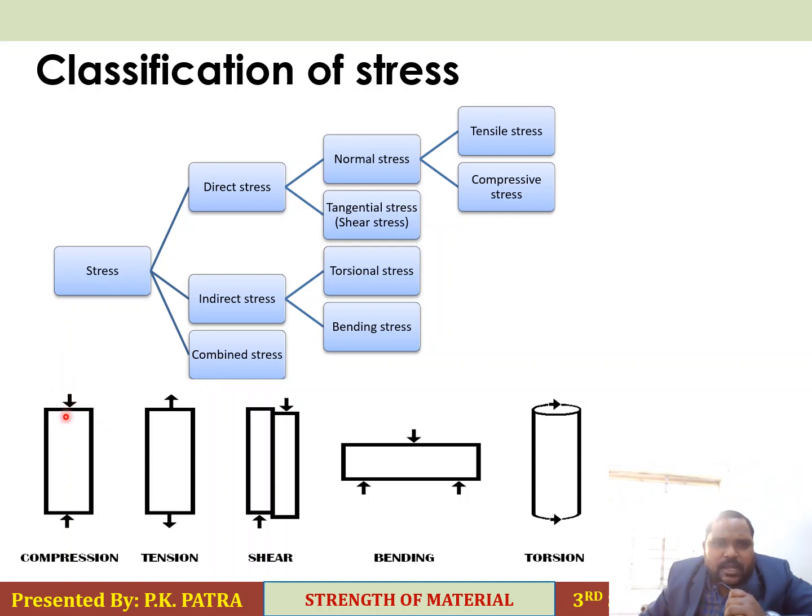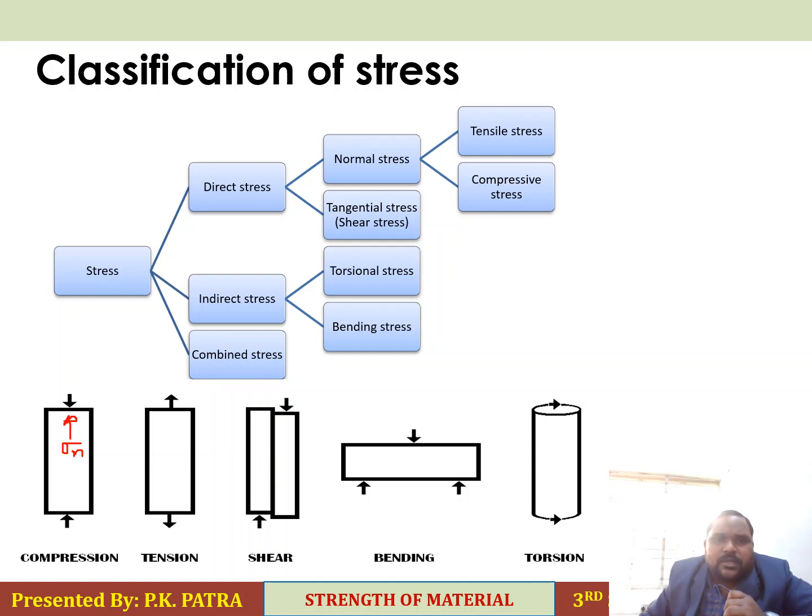So this load is acting normally to this plane. So this load is the normal load. So due to this normal load, a stress will develop, and that stress will develop here, and that is the normal stress, and this normal stress is sigma n. Suppose you say, and this one will be normal stress.